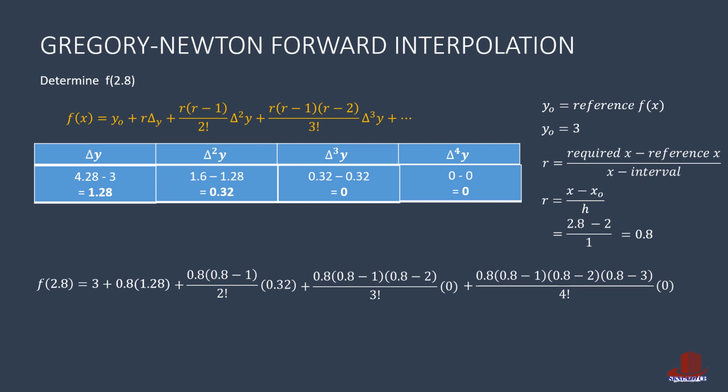Delta for the fourth term is also 0. Simplify all terms and have 3 plus 1.024 plus negative 0.0256 plus zeros, and have f of 2.8 as 3.9984. This value is within the range of 3 and 4.28.